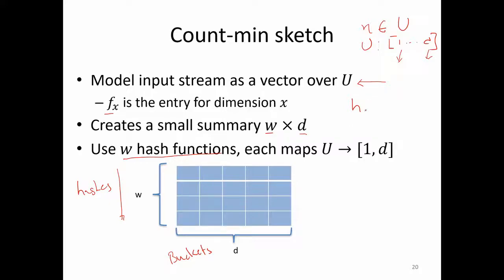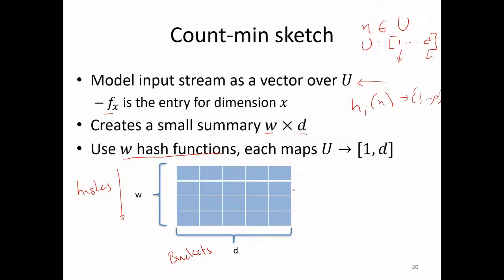Each hash function, let's call it h i, the ith hash function, whenever it gets an element x, generates a number between 1 to d, and so you get a cell here. For each element you get a cell in this whole array.